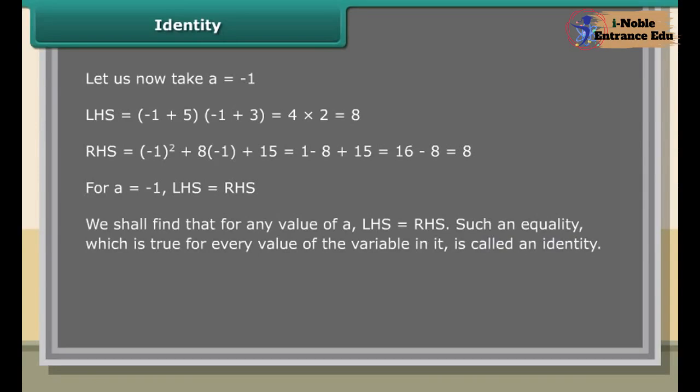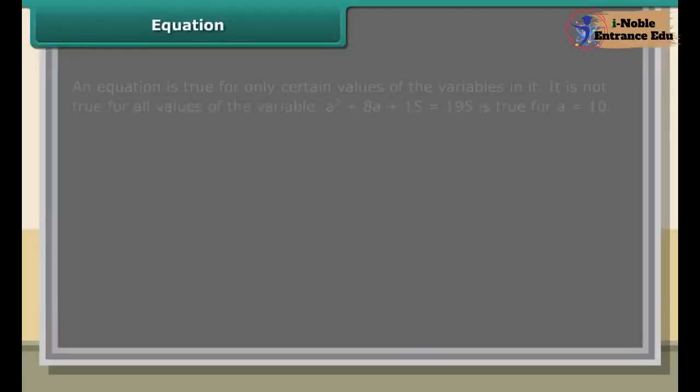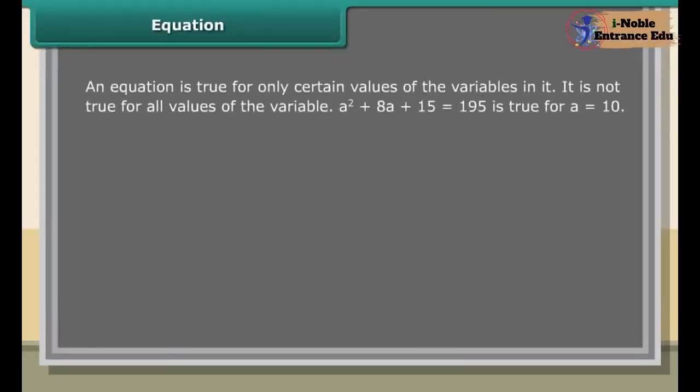Let us now take a as minus 1. LHS is (−1 + 5)(−1 + 3) = 4 × 2 = 8.